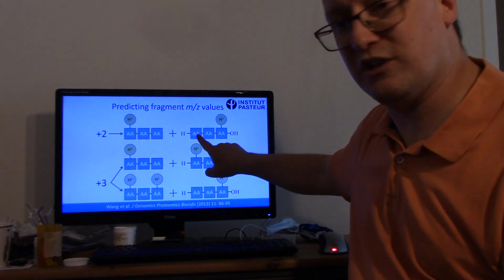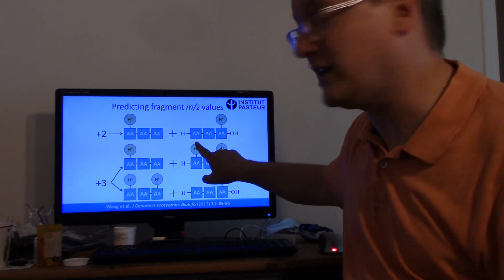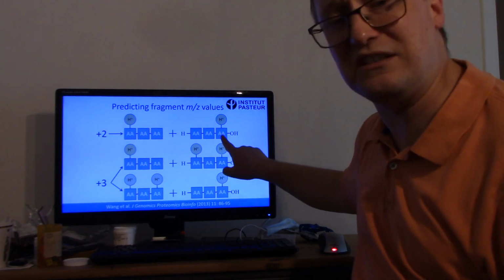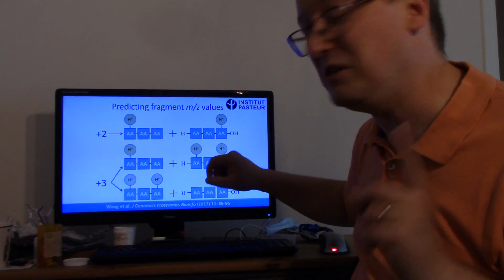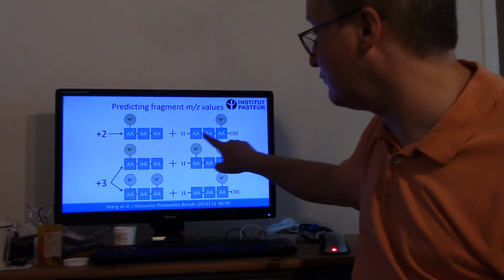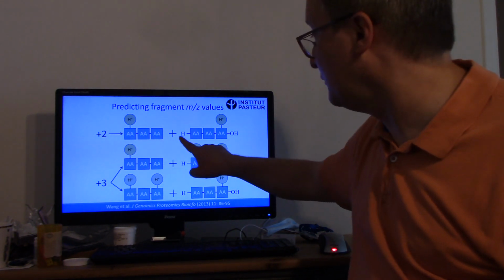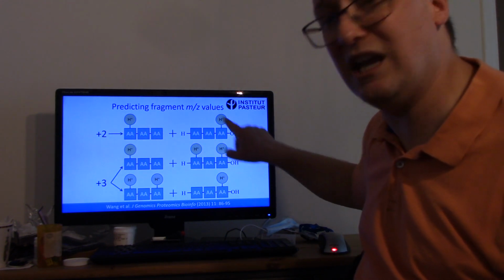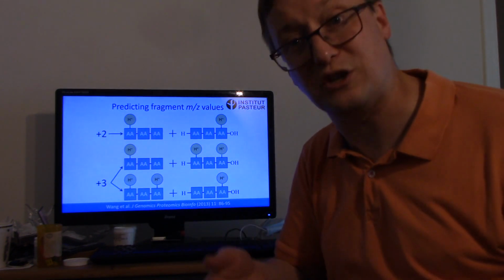At the C-terminus, we have a very similar kind of computation. We have 3 amino acids here, we've got 3 amino acids here, but there's a really important distinction between what we see in the B ion and what we see in the Y ion. You'll note that the Y ion has a hydrogen stuck on its N-terminus and a hydroxyl stuck on its C-terminus.